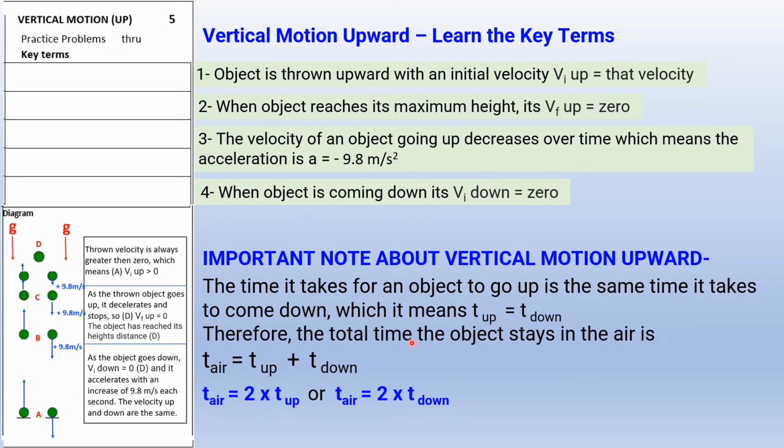Therefore, the total time the object stays in the air is the time up plus the time down. Since both are the same, we can state that the time in the air can be either 2 times the time up or 2 times the time down.